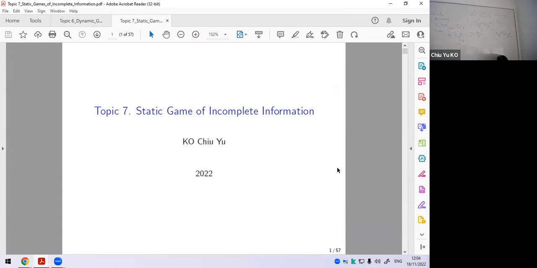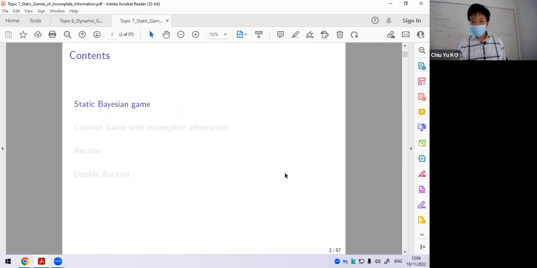So don't worry, this actually is not that difficult. Okay, this one is easy. In terms of the idea, you can see this application, even without going there. One important application is auction.